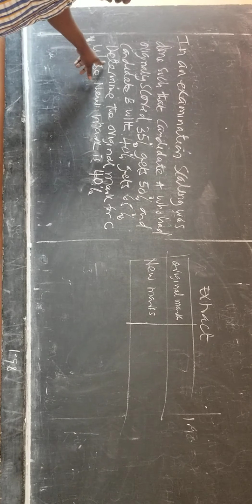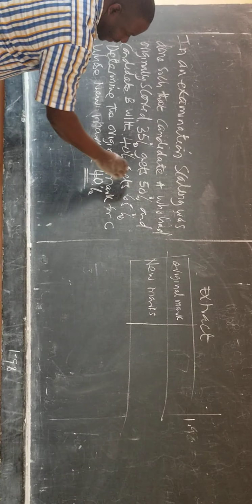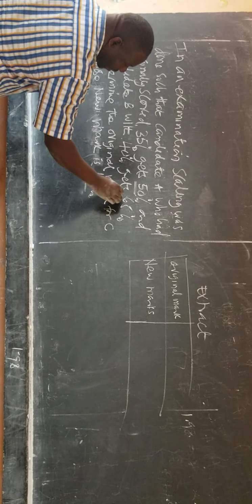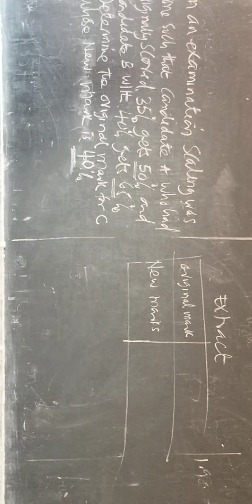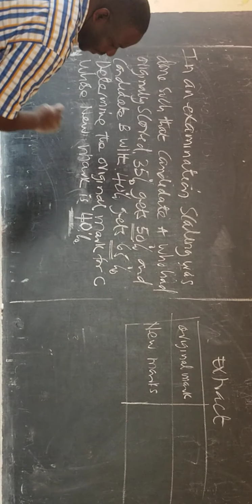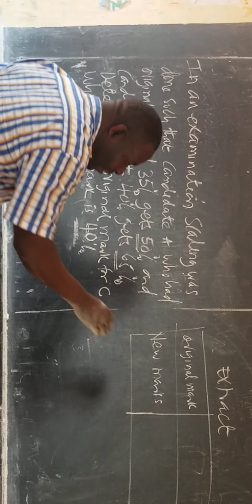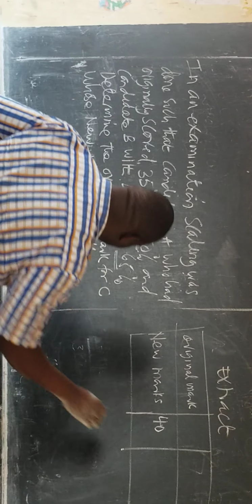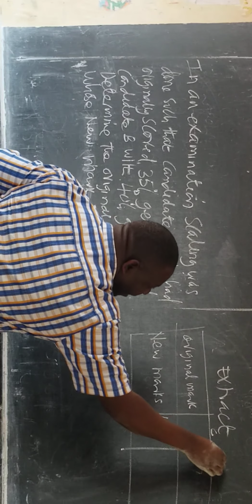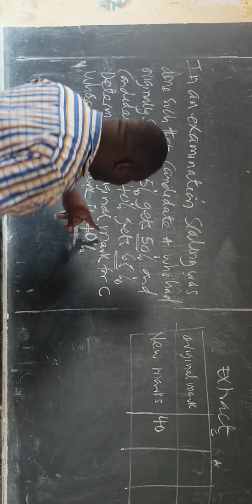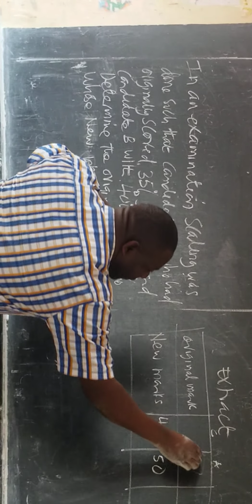Then candidate C, whose original mark we don't know. Looking at the new marks, the new mark here is 50, the new mark here is 65, then here the new mark is 60. So we are starting with the one having the new mark of 60, which is candidate C, then candidate A, whose new mark here is 50, with original mark of 35.